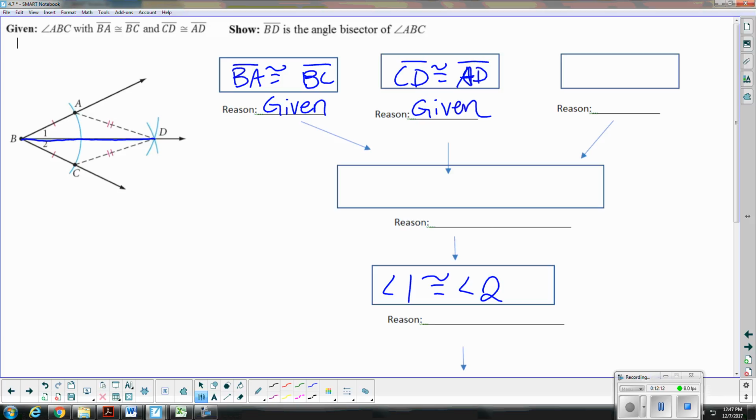Before we show the triangles are congruent, we need either side angle side, or side side side, or side angle angle. We need one of those shortcuts. So this one we already have two sides, and then we see that there's a shared side. So we can say that BD is congruent to BD because it's the same segment.